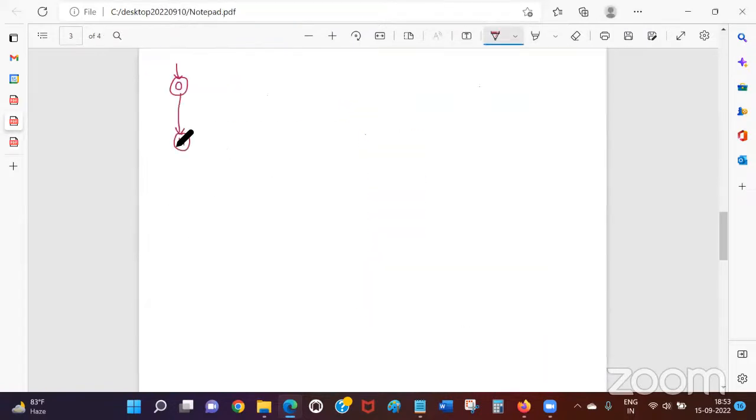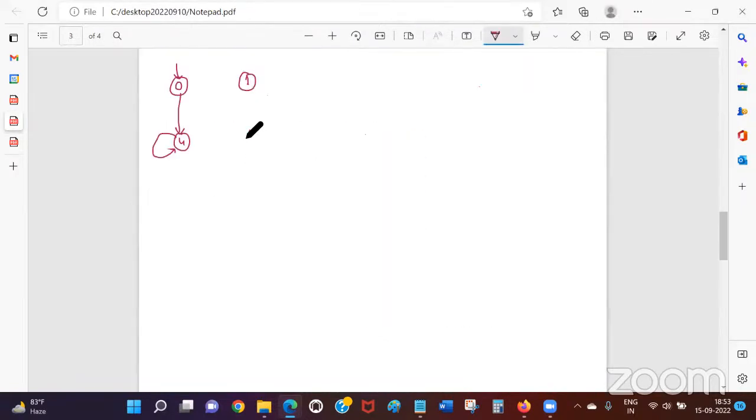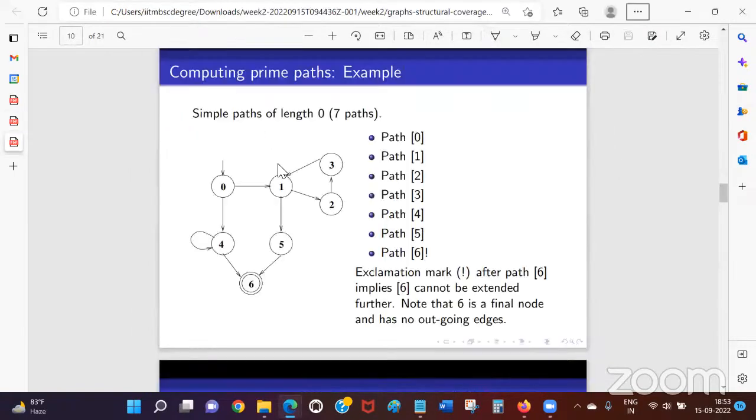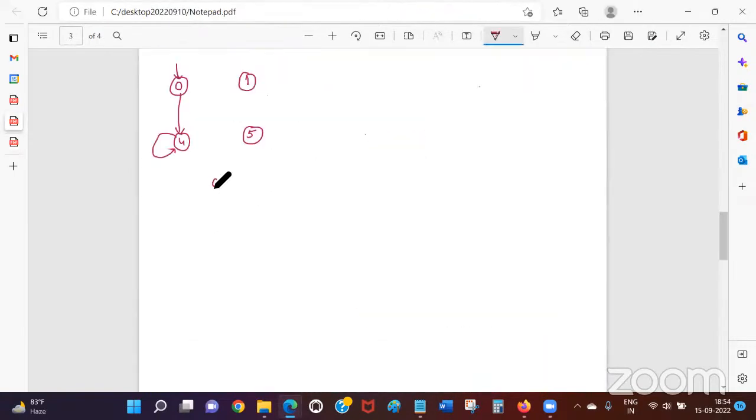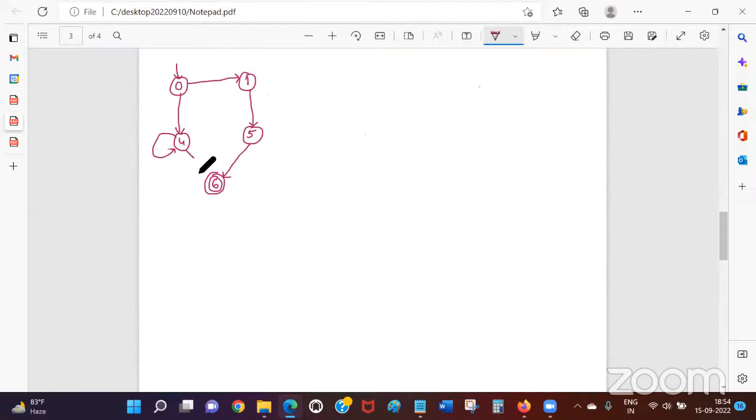Then you have 4. Right. So there is a loop. Okay. Then we have a 1. Okay. We have 5. Okay. Then there is 6. So this is 0 to 1, 1 to 5, 5 to 6, and 4 to 6.